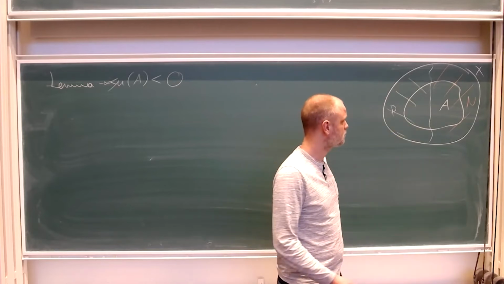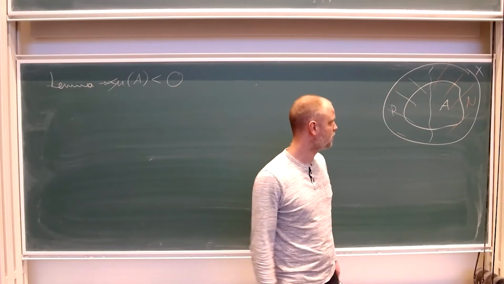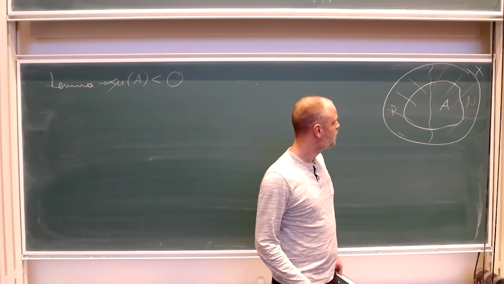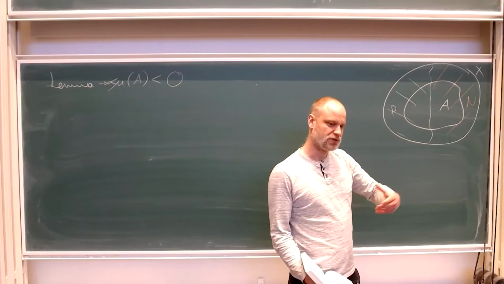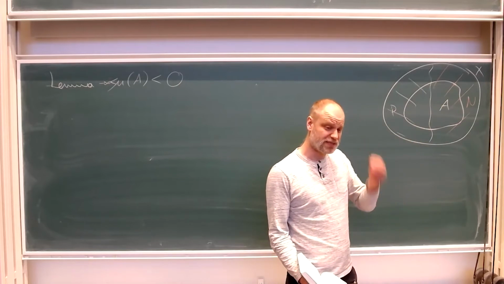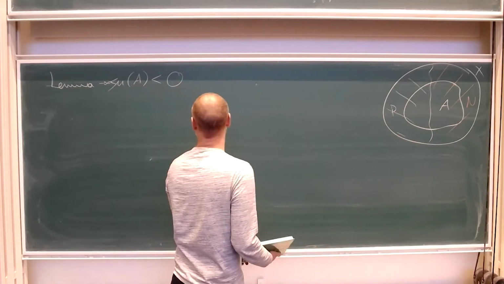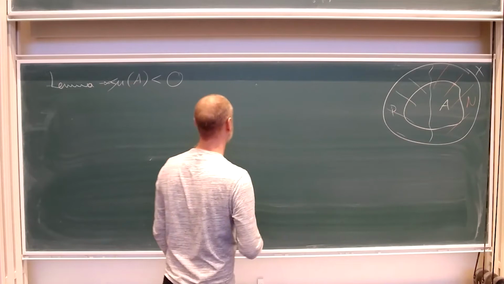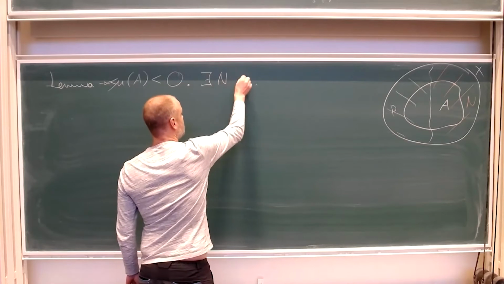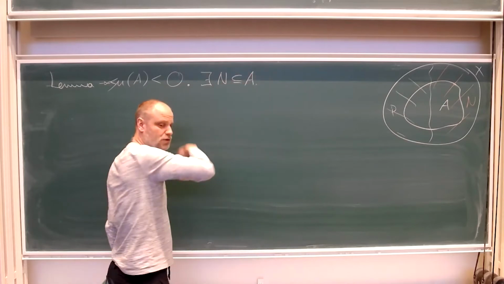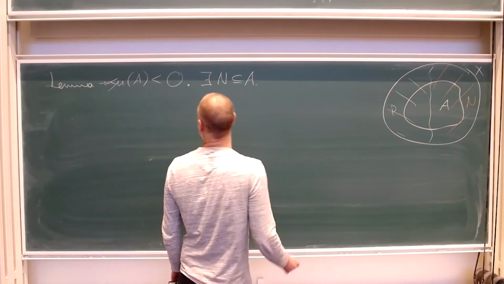I cannot use the Hahn decomposition theorem to prove the Hahn decomposition theorem. So there exists a subset of A which is somehow the maximum negative set, but we don't know that yet. We don't even know that there exists a negative subset, but we should, because we have this strictly less than 0. So what the lemma then says is that there exists a set N, a subset of A. Of course, all these sets are in whatever sigma algebra we work with.